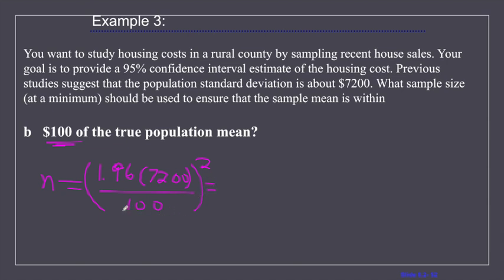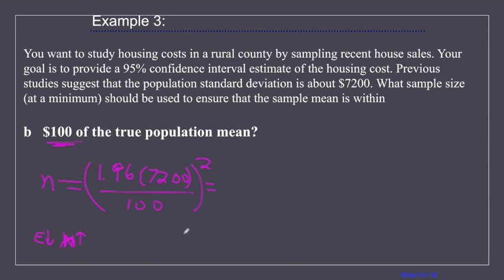Well, as our error size is shrinking, we're dividing by a smaller number, so our sample size is going to get bigger. So as our error gets smaller, our lowercase n gets larger. And that's really important to know that we would call these inversely related. If something goes down when the other goes up, or vice versa, that's an inverse relationship.